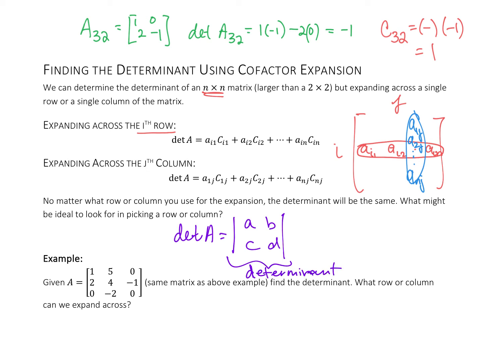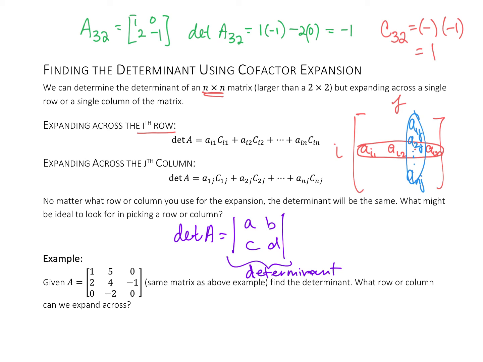So sometimes you'll see that instead of writing determinant and relabeling each of these matrices as we break it down, we'll just write it with straight brackets around our matrix, and that means determinant. So let's try this out.